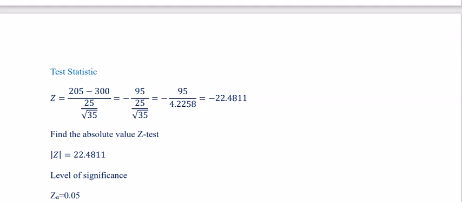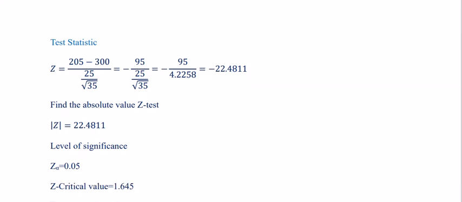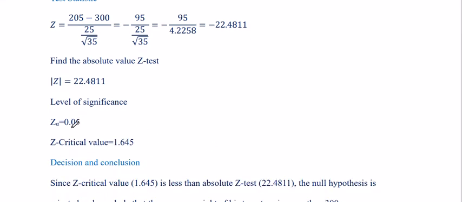Then our level of significance alpha is 5%, which is this 0.05. Then the critical value for this test, if you check on the statistical table, we are having 1.645.